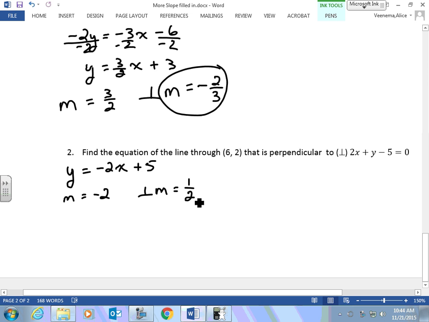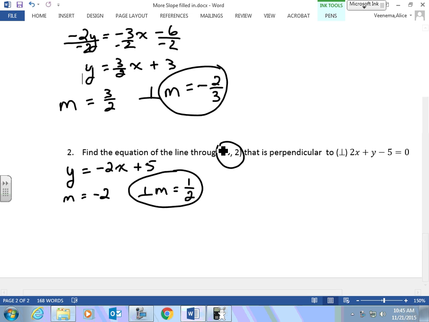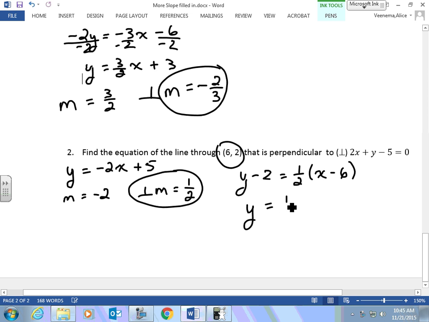Okay, so that we have the negative reciprocal. So there's the slope. Here's the point that that line goes through. So now we could come up with the equation. So it'll be y minus 2 equals 1/2 times (x minus 6). So y equals 1/2 x, and we'll have a -3 plus 2, so -1 is the equation of the line.